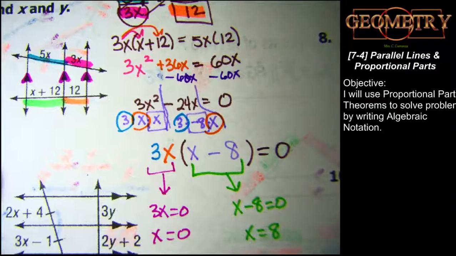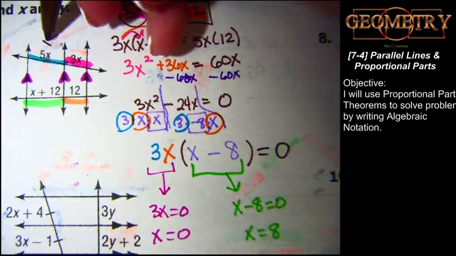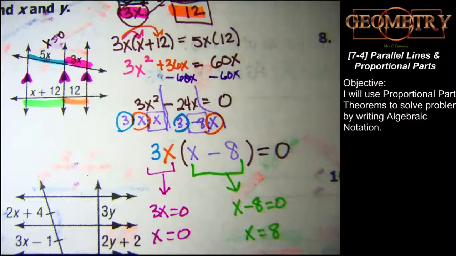So, you do all this work and you go, okay, I can either have x is 0 or x is 8. And the question is, I can't have a street that's both of these at the same time. It's either one or the other. And so which one should we pick to make these streets work out? Well, if I allow x to be 0, what becomes the size of this street? 0.